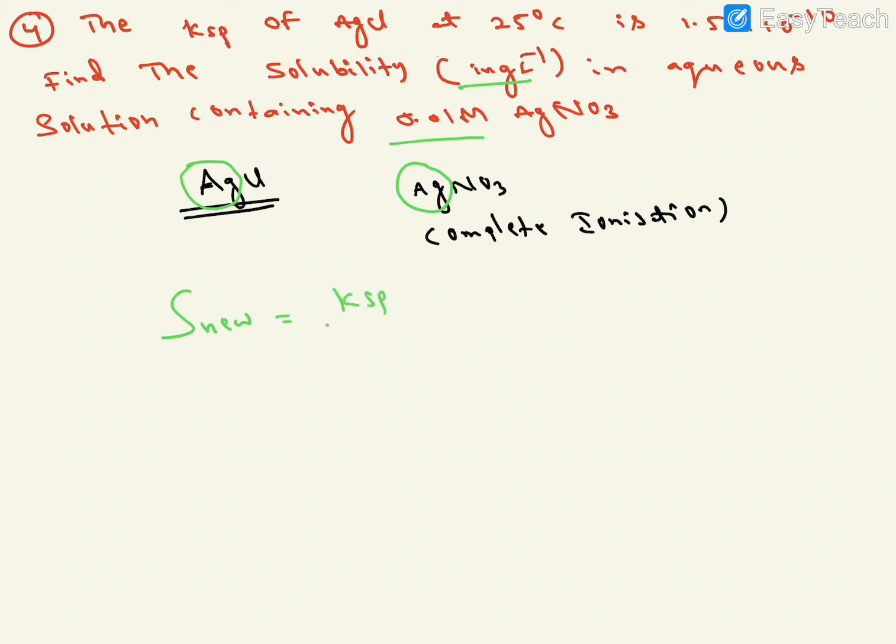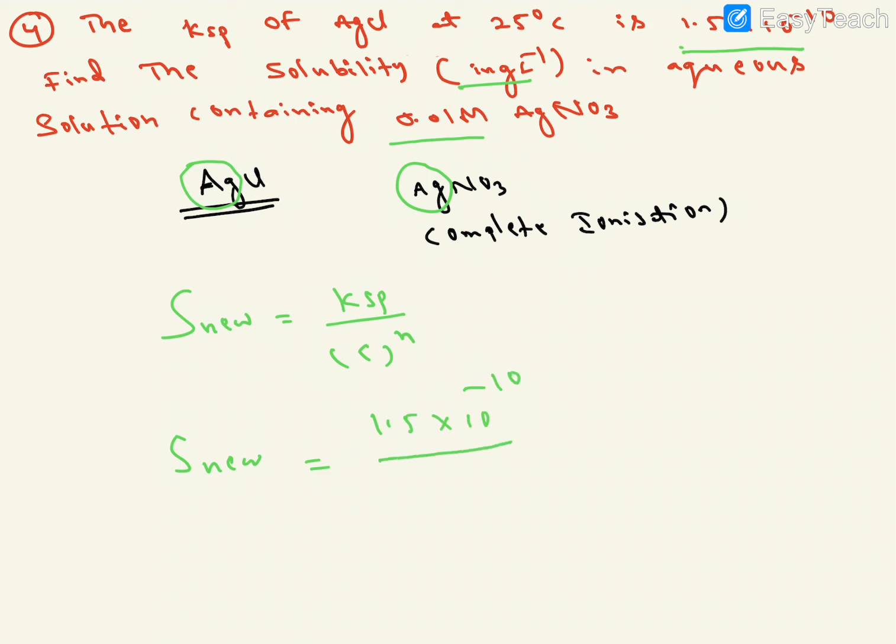So the simple formula: the new solubility is equal to KSP divided by C to the power n, as already discussed. What KSP value are they giving here?